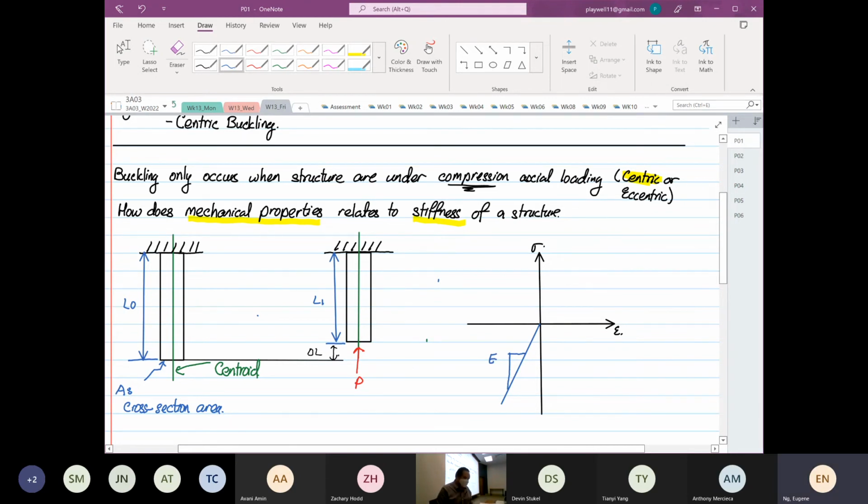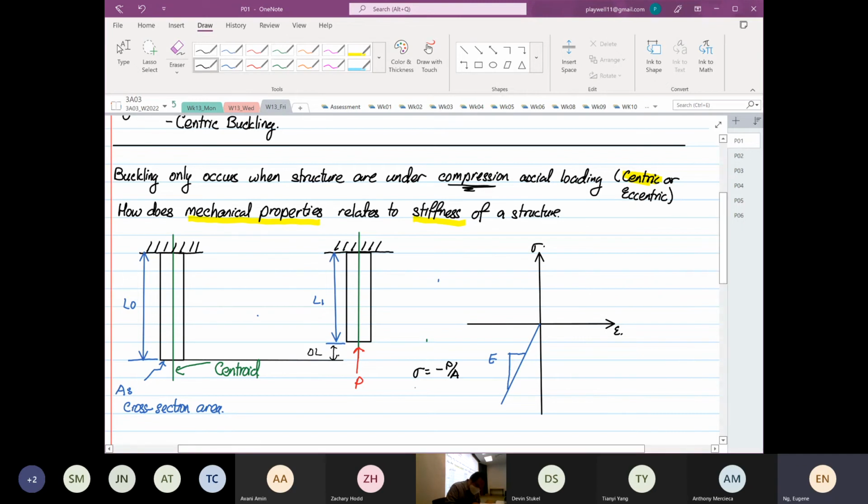Now, some of you will say, Eugene, why do you draw in the third quadrant, right? Why do you draw it? If you look at how the test has been carried out, realistically, the stress is equal to minus P over A, right? It's in compression, right?